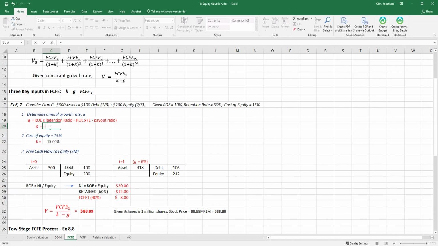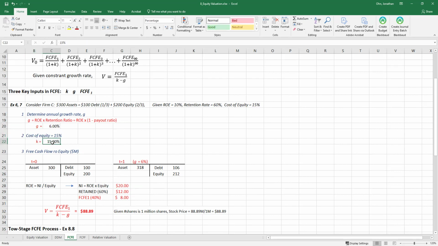So let's calculate the growth rate first. Return on equity is 10%, times the retention ratio, which is 60%. So 6% is our growth rate, right? Now, it gives you the cost of equity.